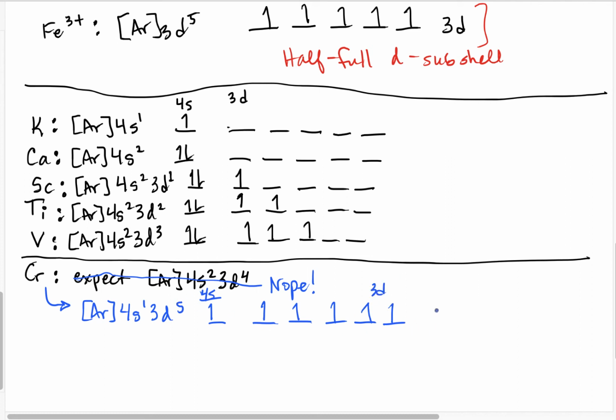So this turns out to be lower energy, to let that previously paired up 4s electron unpair itself into the 3d shell. Okay, so this is our exception.